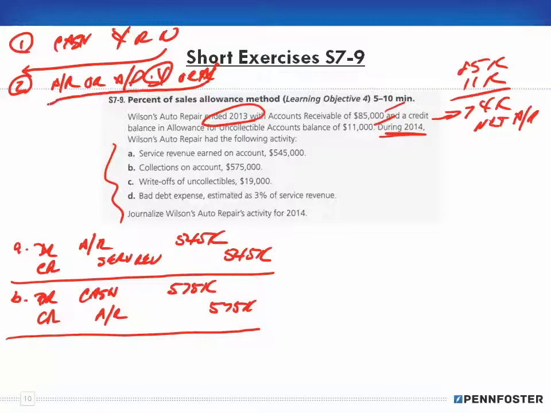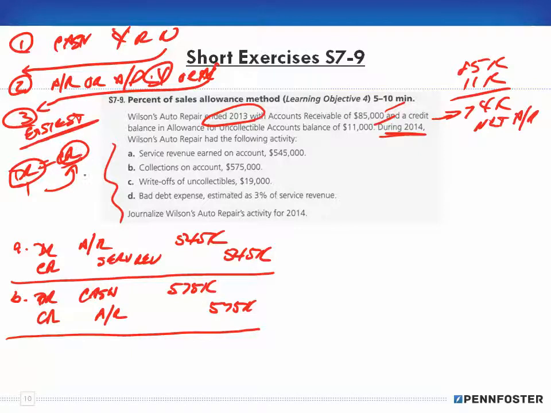If it's no, then 3, I determine what is easiest for me to do, okay? I choose an account that's easiest for me to figure out, and I determine whether I debit or credit it. So whenever I decide to use cash or accounts receivable or whatever the easiest account is, I know I'm going to debit something or I'm going to credit something, okay? And since debits must equal credits, if I debit something, that means I have to credit something else. If I credit something, that means I have to debit something else, okay?